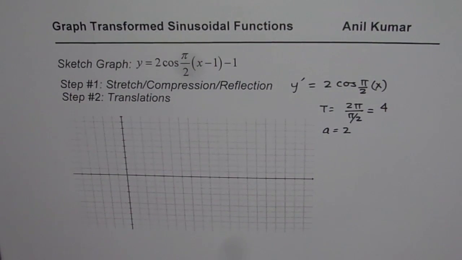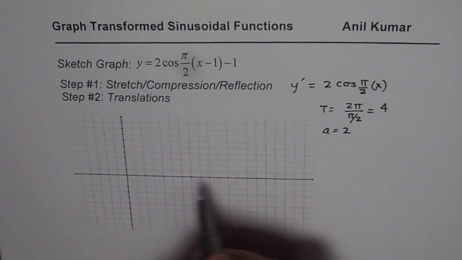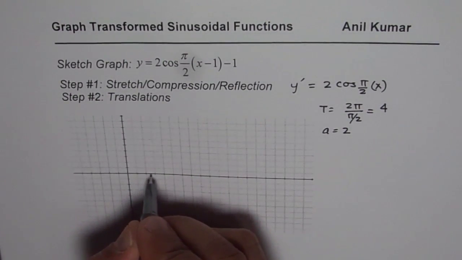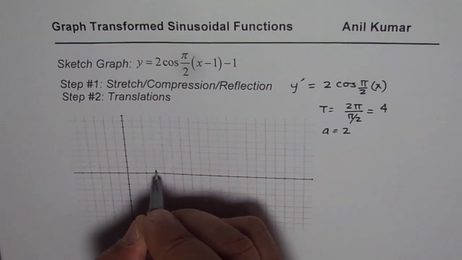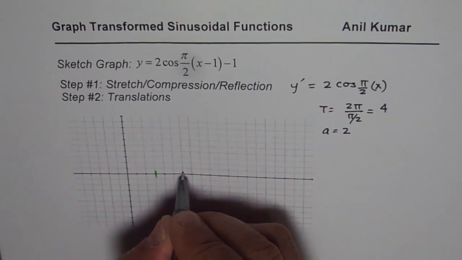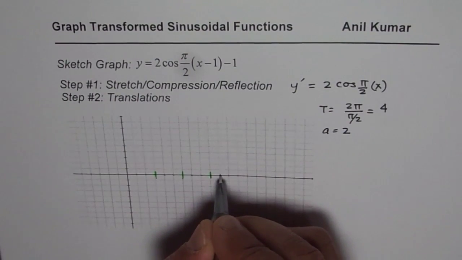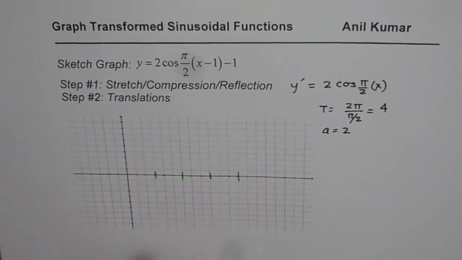Let's first make our scale. On the time axis we want 4 units. So let us say 1, 2, 3 is the first unit, 1, 2, 3 the second unit, 1, 2, 3 the third unit, 1, 2, 3 the fourth unit. So these are my 4 units.